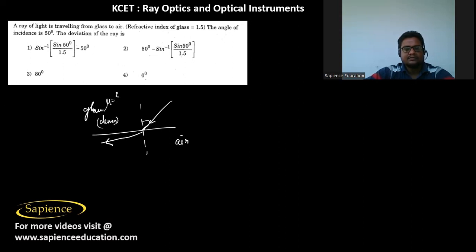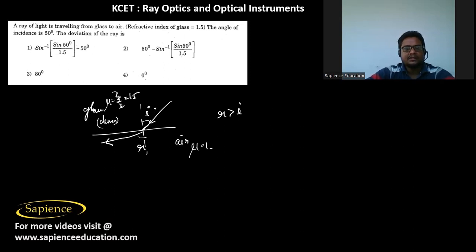The refractive index of glass is 3 by 2, that means 1.5, and the refractive index of air is 1. So here the angle of refraction will be more than the angle of incidence, obviously.